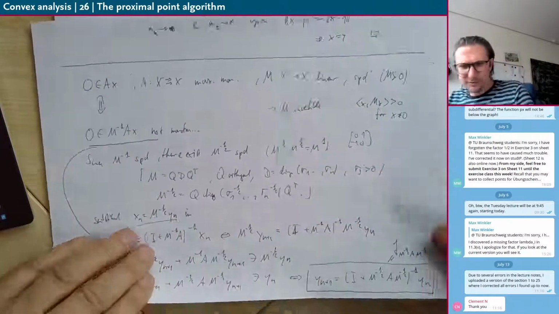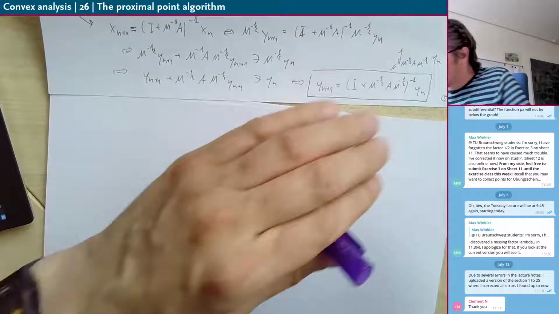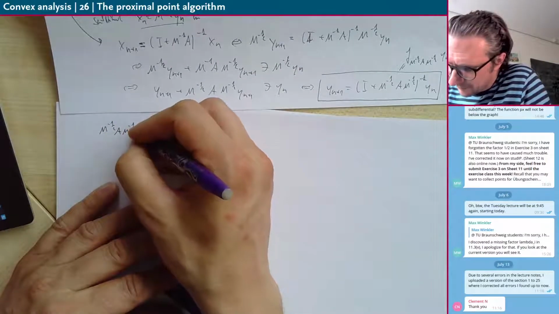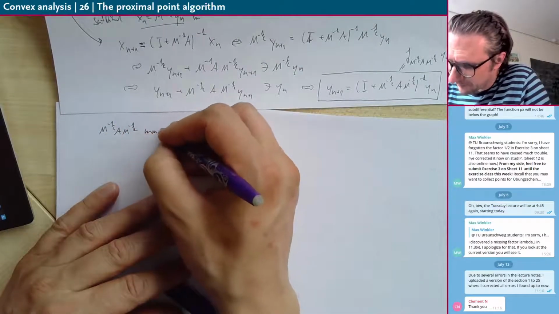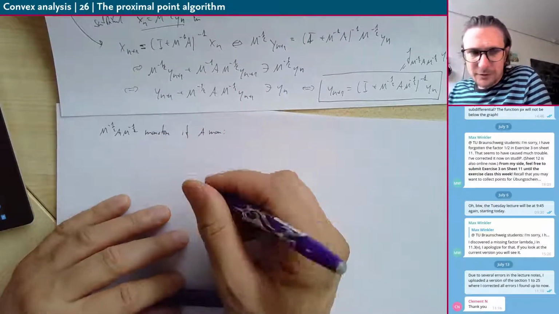Maybe I just show it to you because I think we have enough time. So M to the minus 1/2 A M to the minus 1/2 is monotone if A is monotone. How does that go?